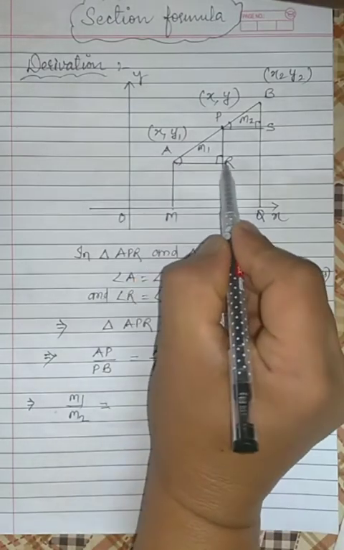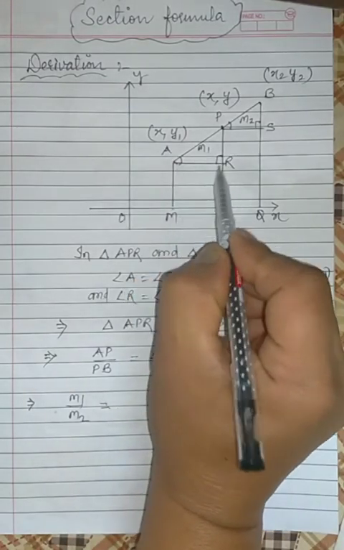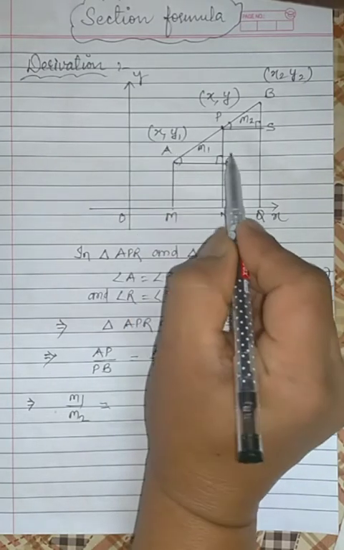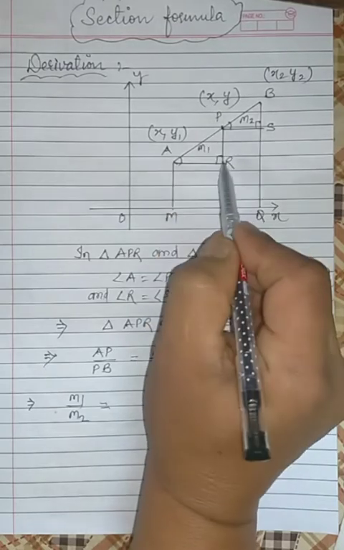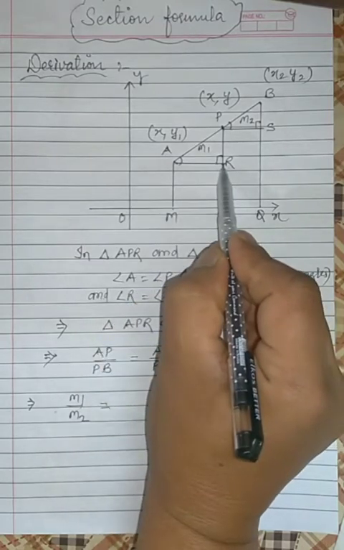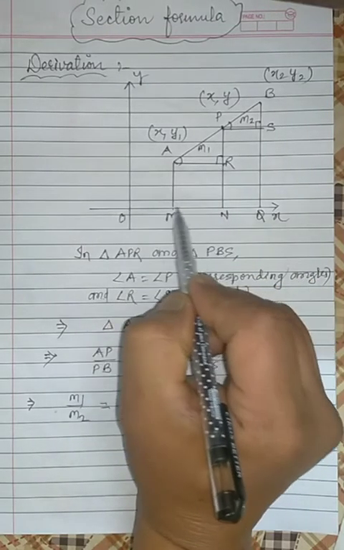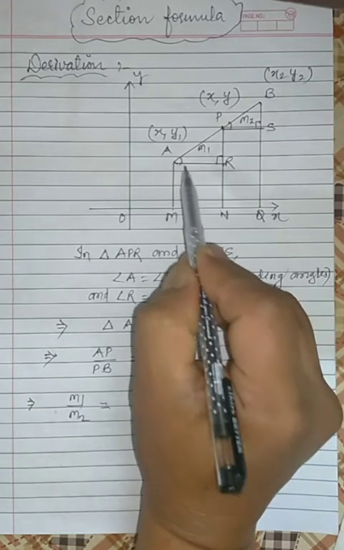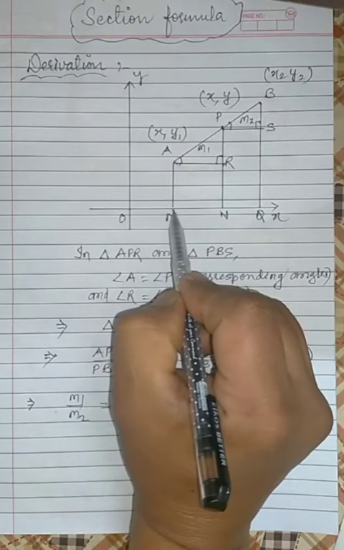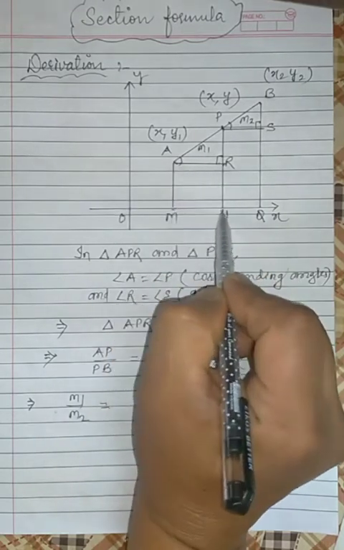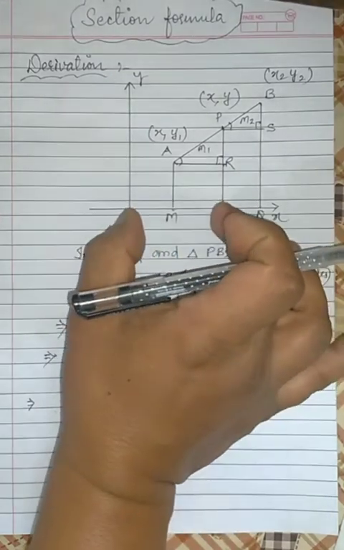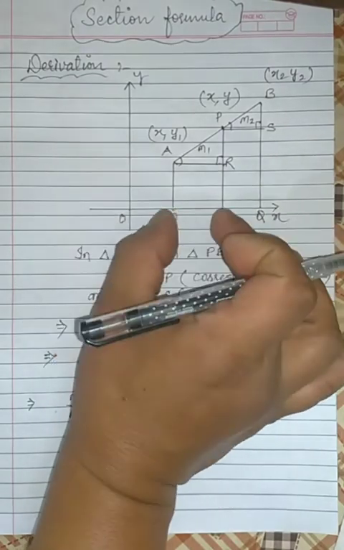Now the value of AR you can find out from the x-axis. Coordinates of A is x1, y1, coordinates of R for which the value is x. So AR will be equal to, how to find that? Distance of R from origin, this distance, is x. Distance of A from origin, this distance, x1. But distance AR means distance MN, which is x minus x1. That means from this much part, if we subtract this much part, we get this part.